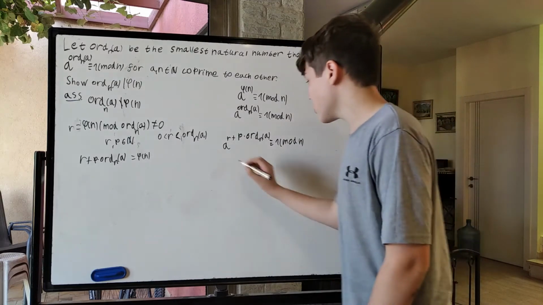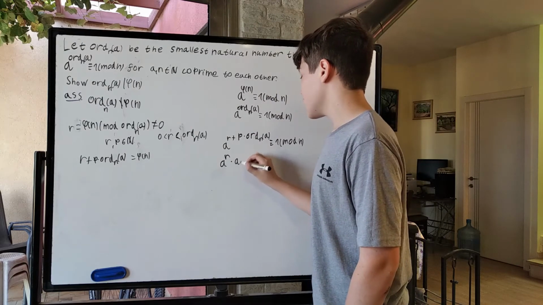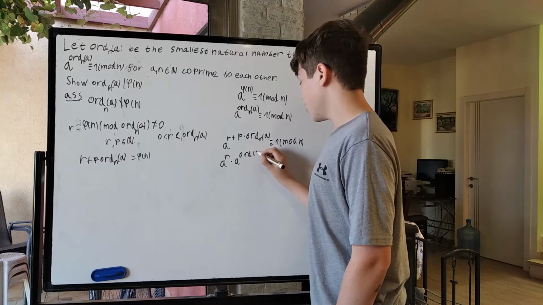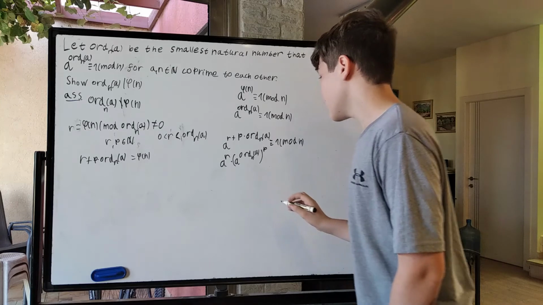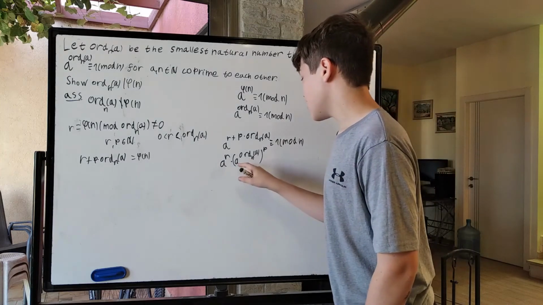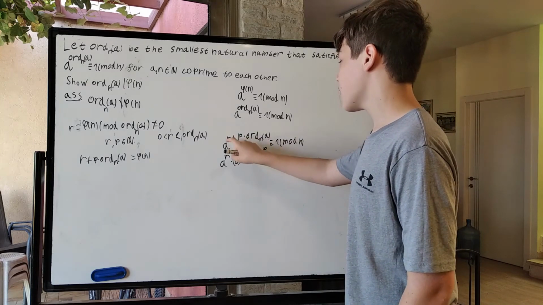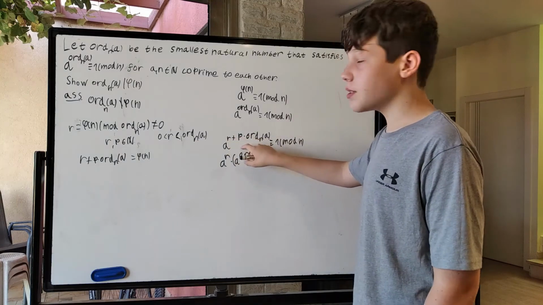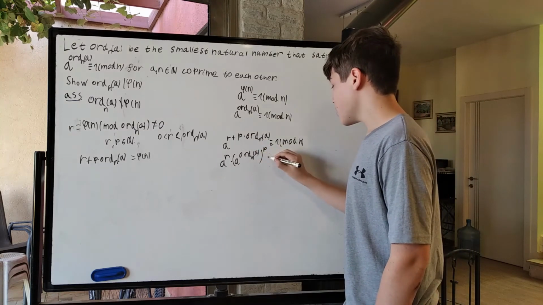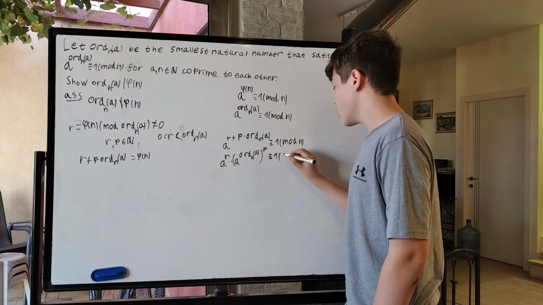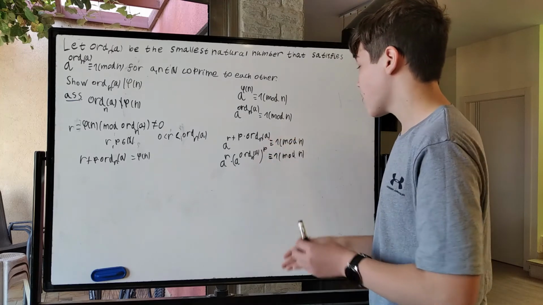By exponent rules, we can turn this into a to the power of r times a to the order a of n, to the power of p. So first of all, what we did is turn this plus into this times a to the power of this, and this to the power of this, and then this p turned into this exponent. This is still congruent to 1 mod n. We haven't changed anything, we just moved things around.